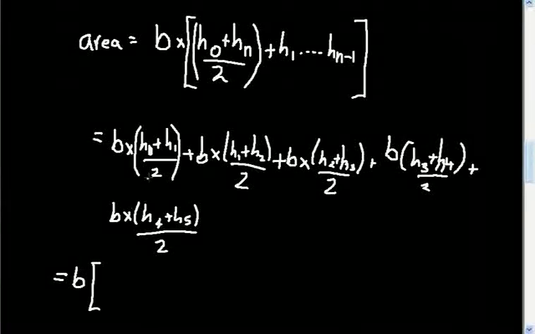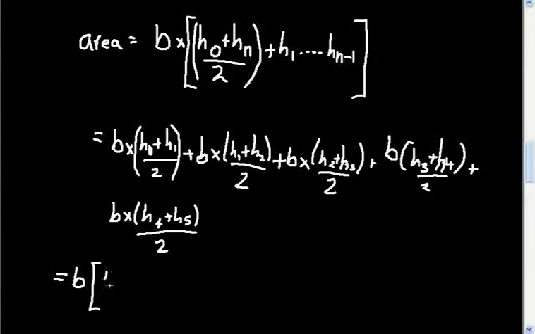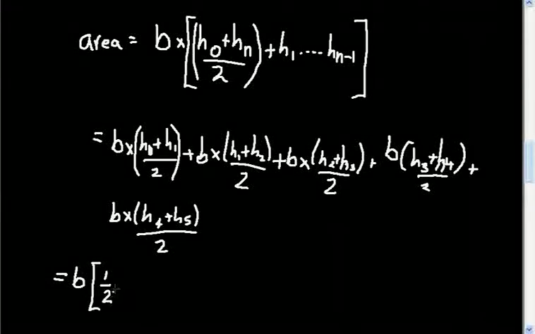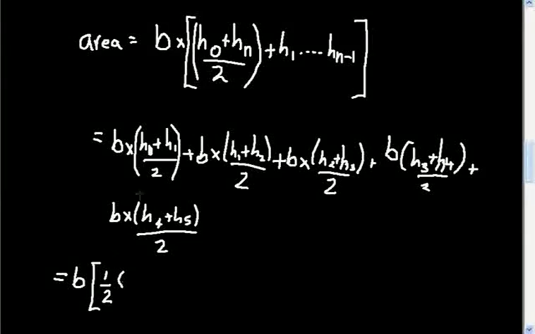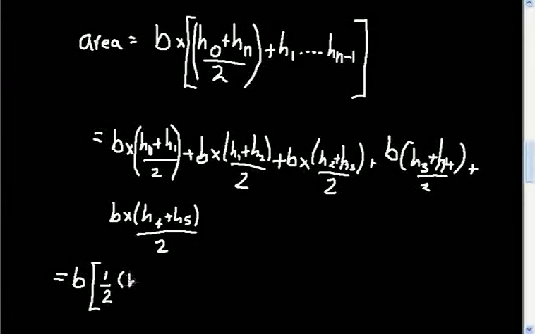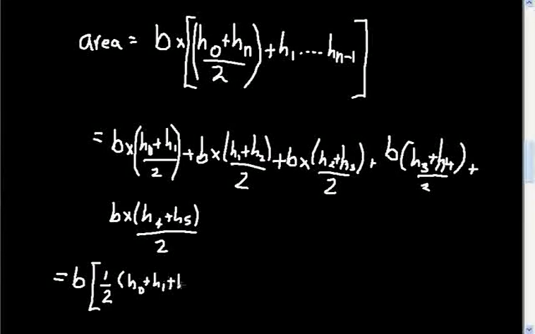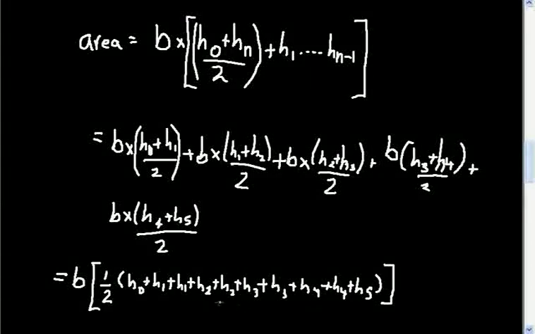I could also take out a half as a common factor. That leaves me with everything inside these small brackets: h0 plus h1 plus h1 plus h2, and so on.